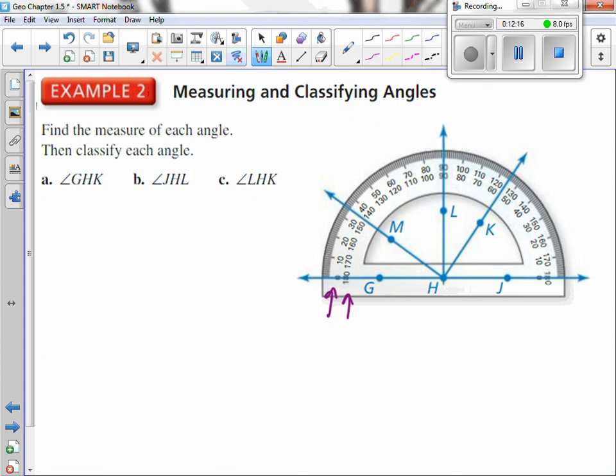Outside, because it started at 0. So 10, 20, 30, 40, 50, 60. So the measure of angle GHK is equal to 125 degrees. And that little circle that we put up there is our degree marker. It tells us it's 125 degrees.